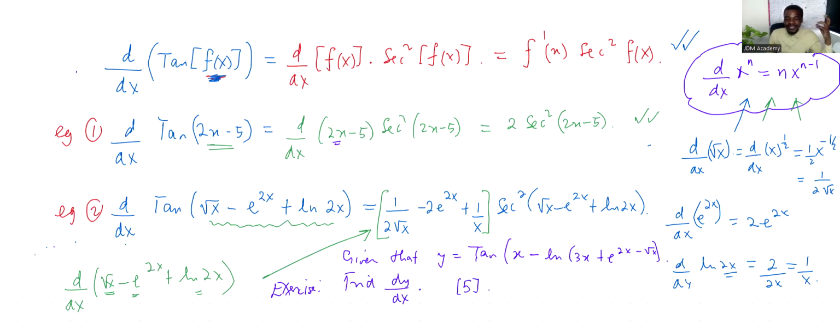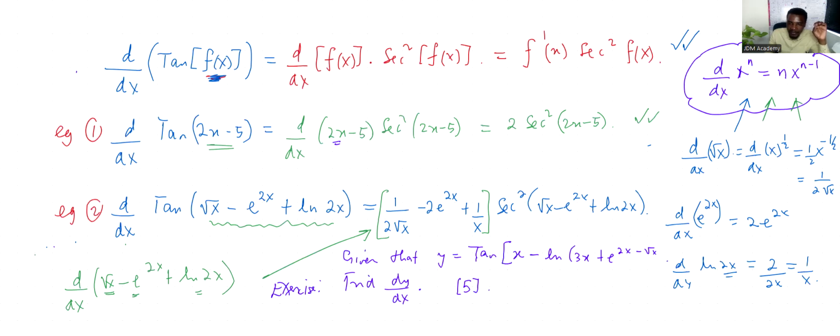So given that y is equivalent to tan of x minus ln, open bracket, 3x plus e to the power of 2x, close bracket. Let me just put this type of brackets here just to distinguish them from the other brackets that we have inside. And then we also have to close up here.